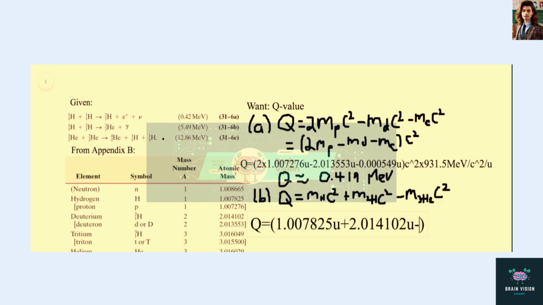Minus the mass of helium, which is 3.016029 atomic mass units.